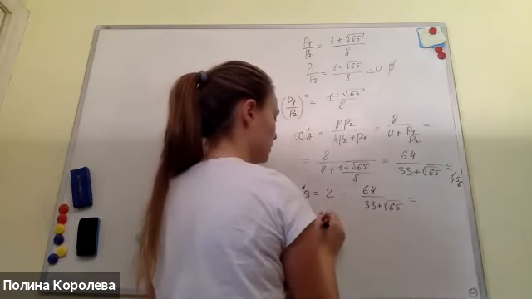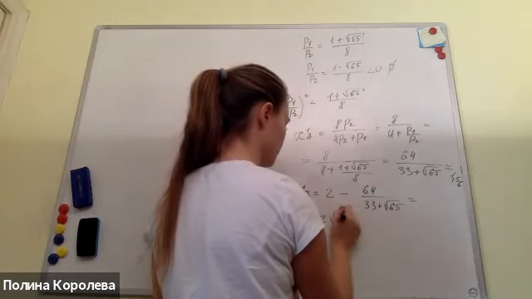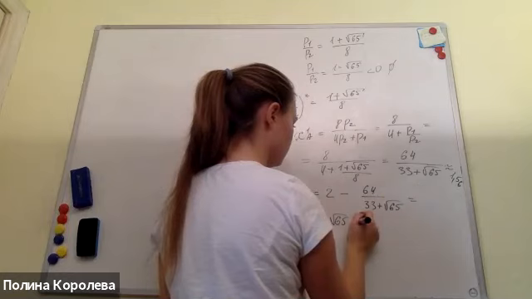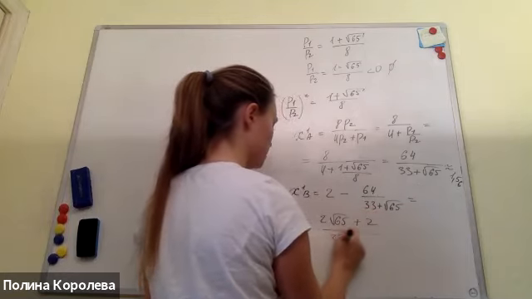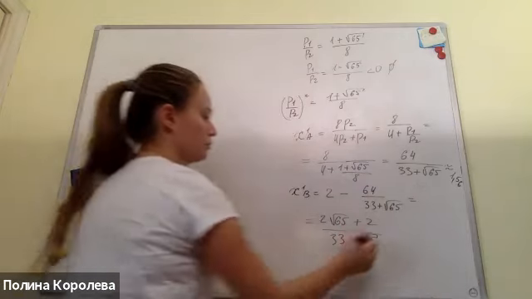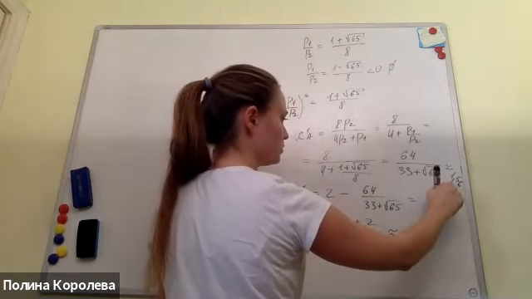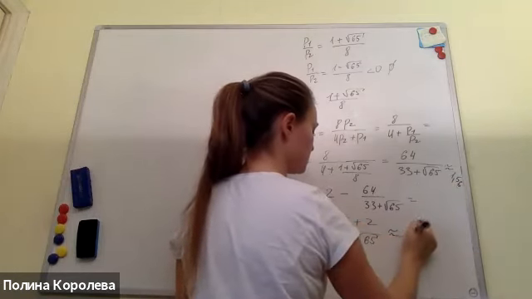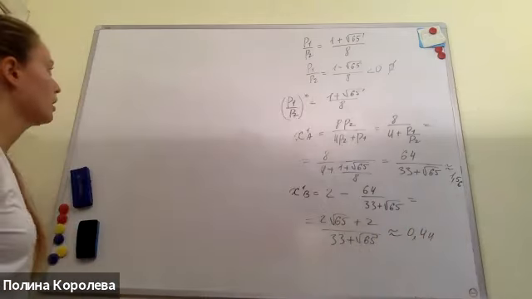And this is 2 square roots of 65 plus 2 divided by 33 plus the square root of 65. This is approximately 2 minus 1.56, which is 0.44 approximately.